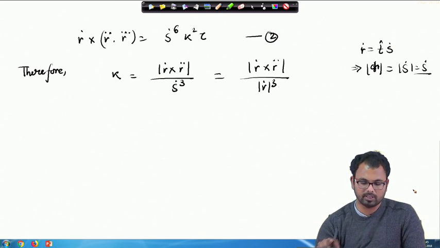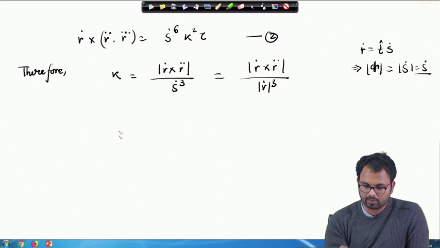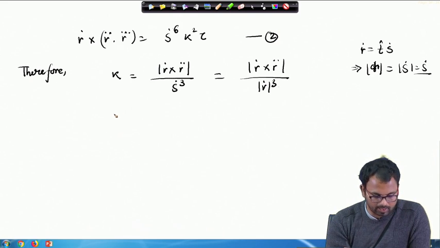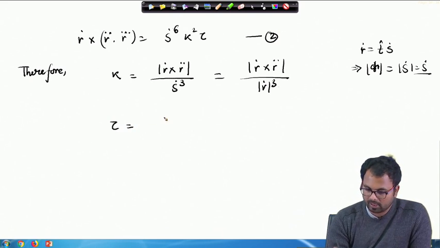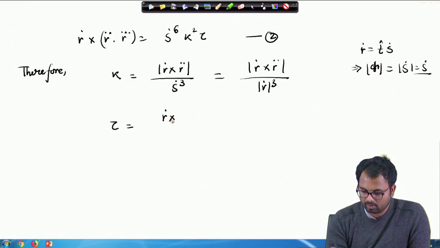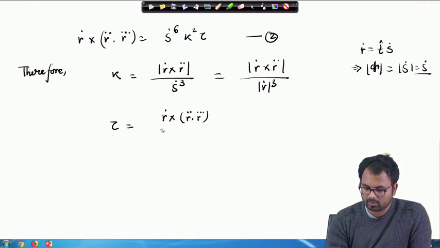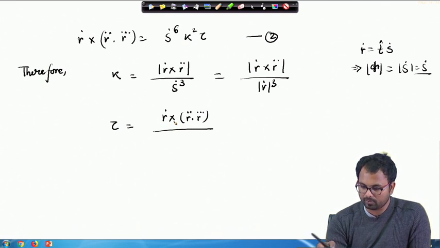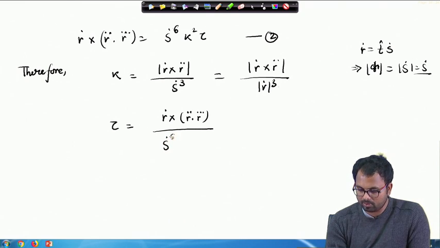So, we have this thing here, and now tau can be calculated as r dot cross product with r double dot, dot r triple dot, divided by, from relation number 2, s dot to the power 6 kappa square.